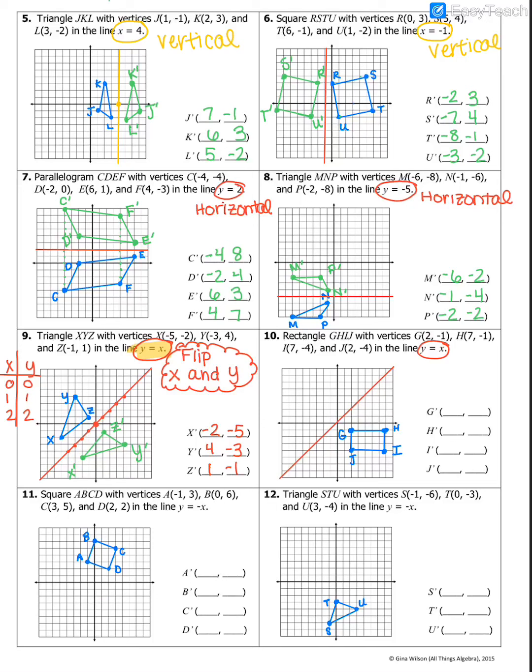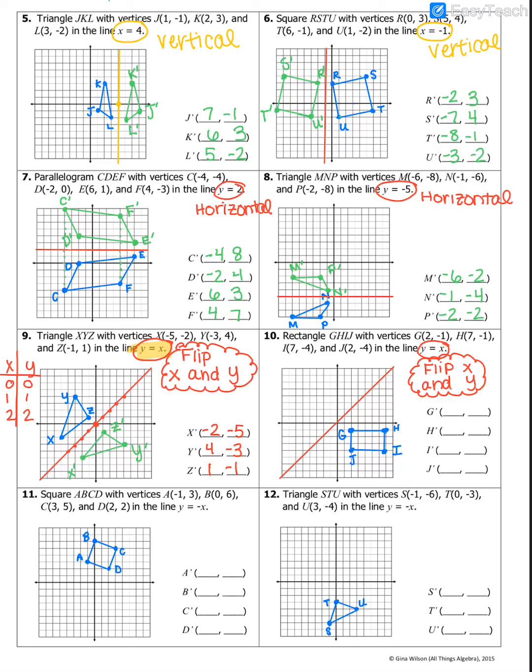Once again, we're going to flip-flop our x and y. I am going to write that down just because it's really, really, really important. So might as well write it twice, right?